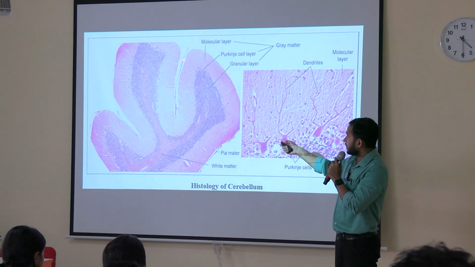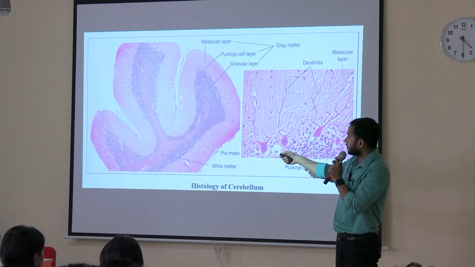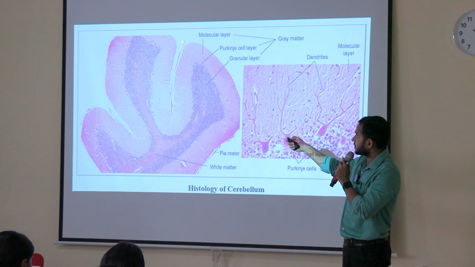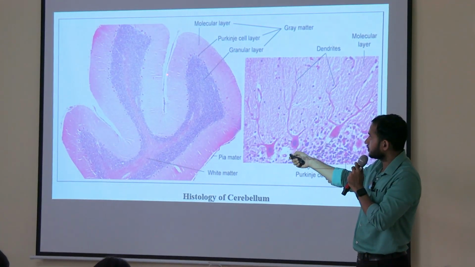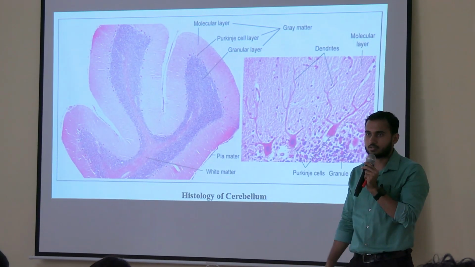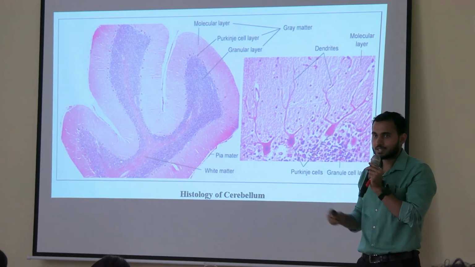And in this particular folium, can you identify what is this? This line which is visible, yes, very good, it is pia mater. Okay, it is separate.